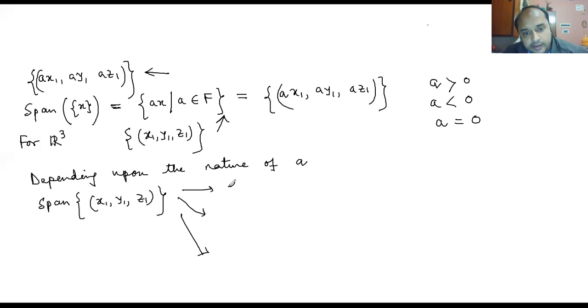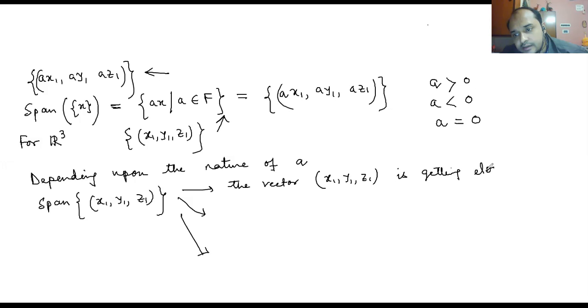One, the vector x1, y1, z1 is getting elongated for a greater than 0.